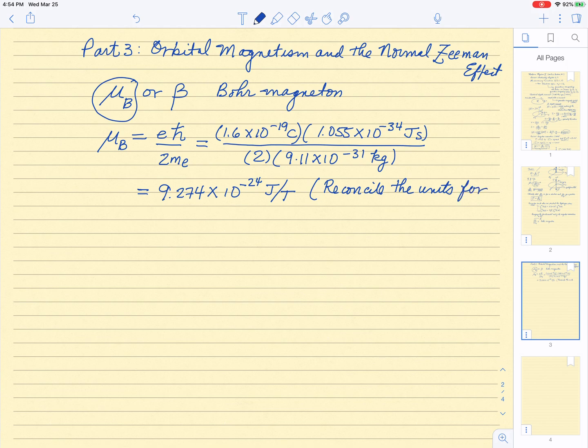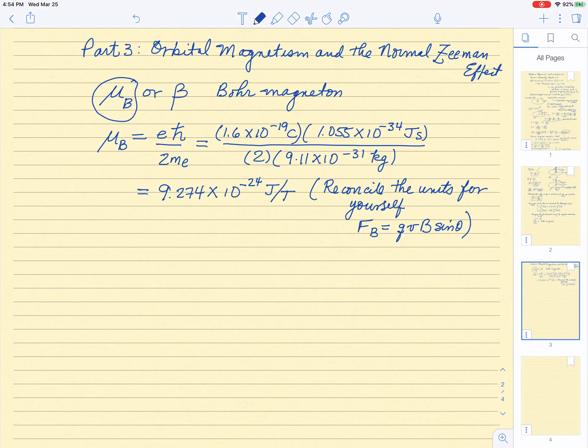I'm not going to do it again. And again, the connector here is QVB sine of theta, as far as units are concerned. So that'll get you to where you need to go.